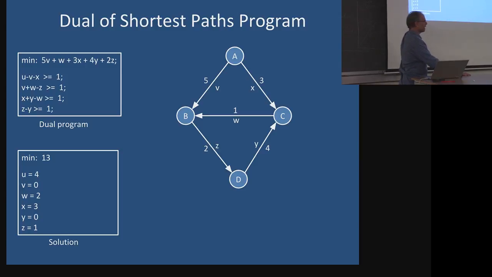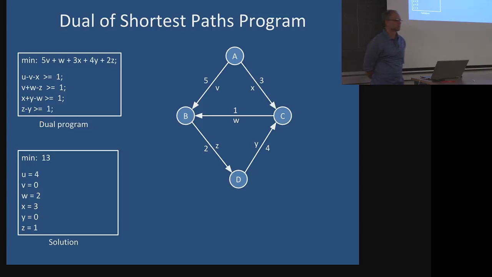So it's just saying that every time you enter B, you must leave it, except once. So looking at all the paths in the shortest path tree, one of the paths has to stop at B, because one of the paths has to be the path from A to B. Any other time you enter B, you have to leave it to go somewhere else. So that's what those constraints are saying. It's sort of like the oil problem again.